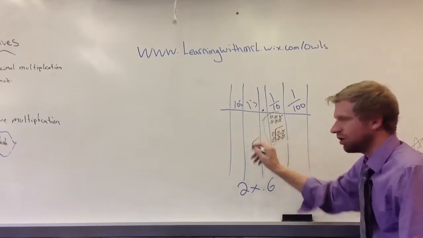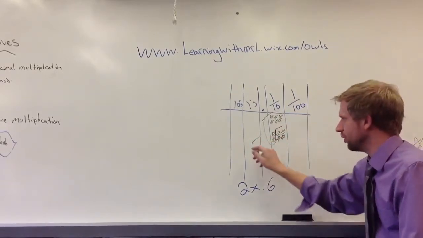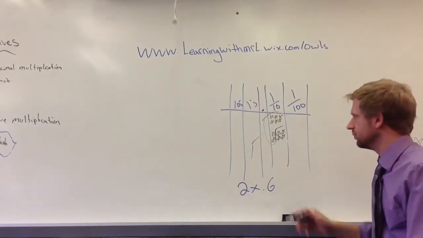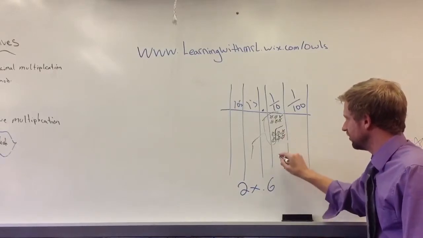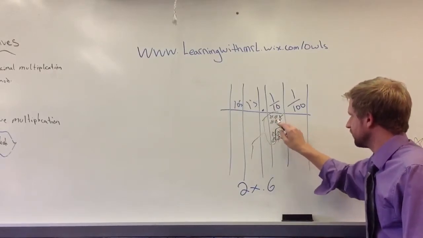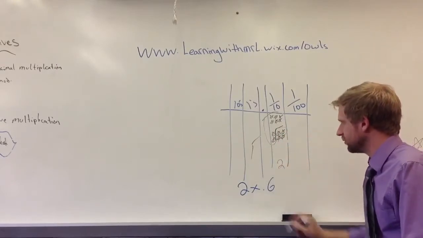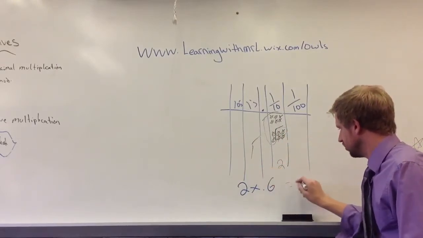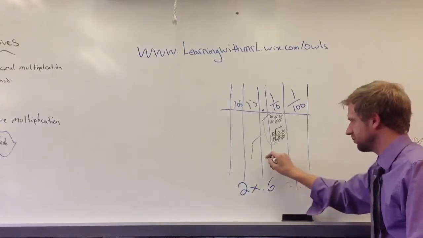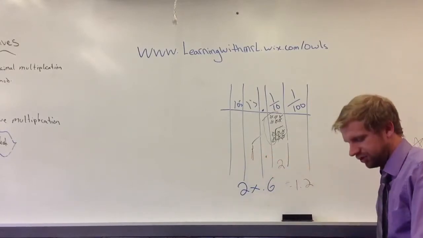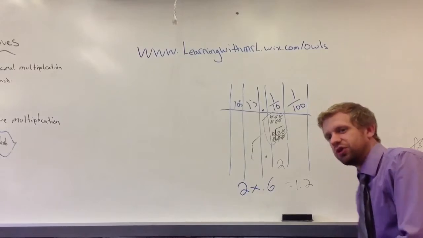You can clump them together, and 10/10 equals what? 1 whole. And then what you have left over is 2. So my answer would be 1 and 2/10. So that's the place value chart way we learned, where we make these dots.